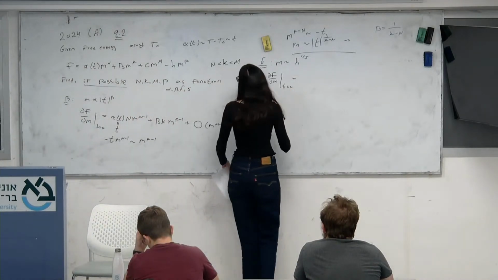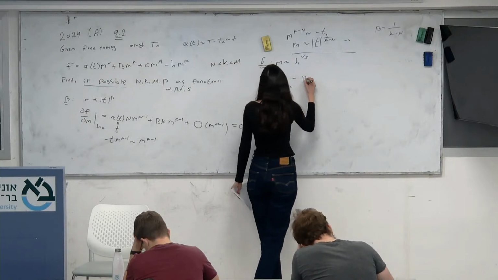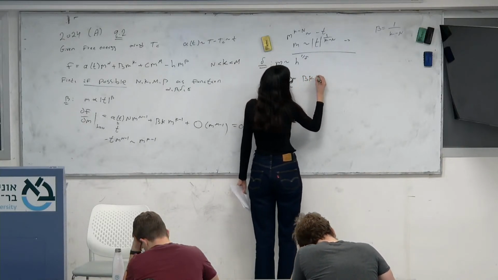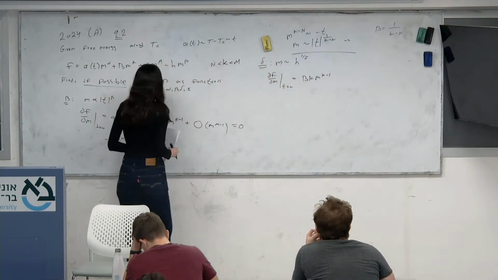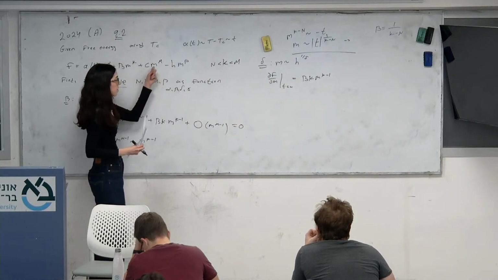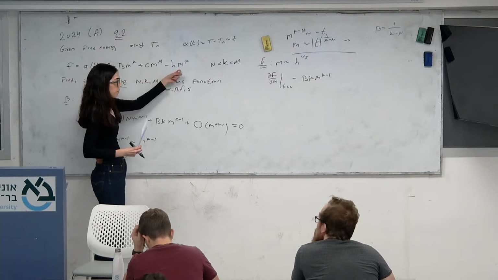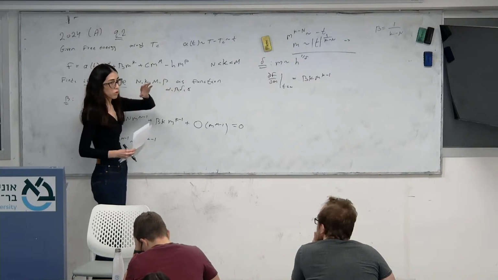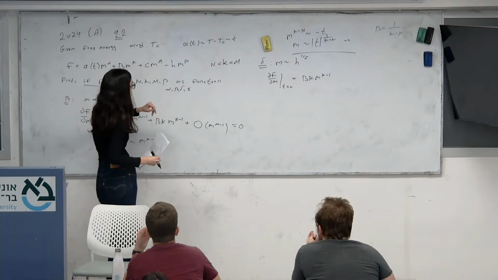The second order is going to come from b, so this is going to be b k m^(k-1), similar to before. And after that we have those two orders. The last term, with h, I have to keep, because that depends on the field that I want to find eventually.